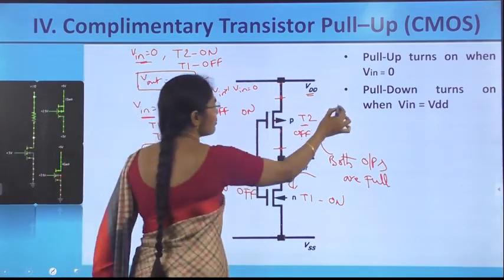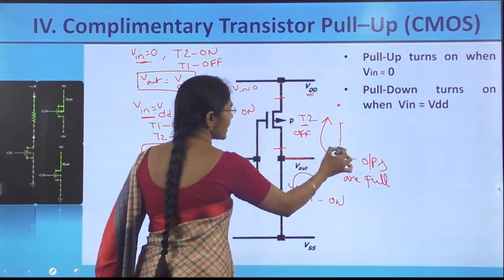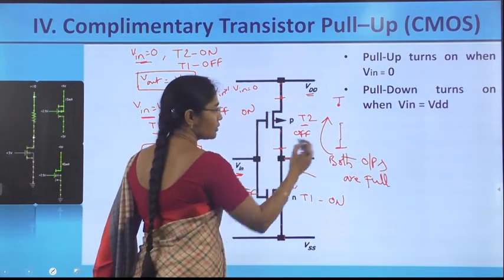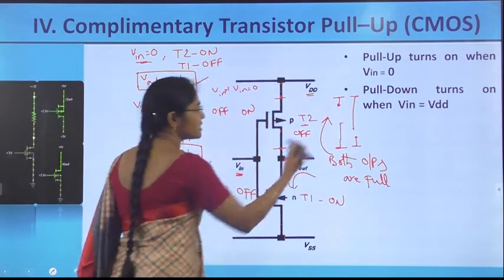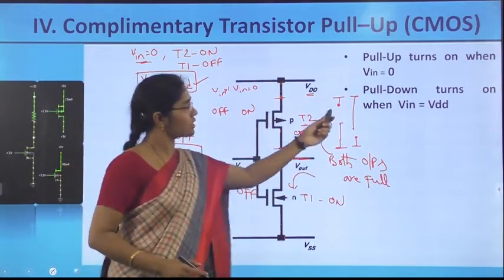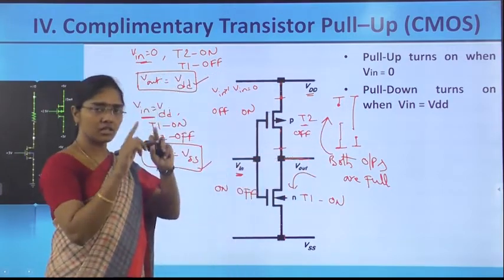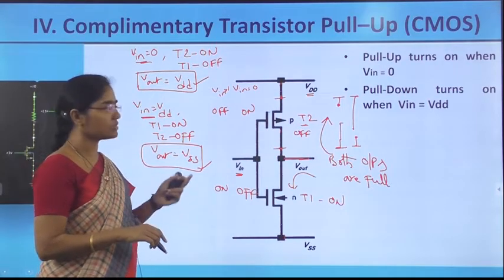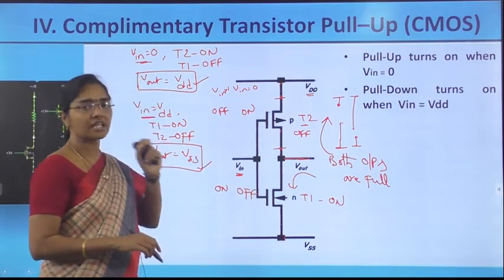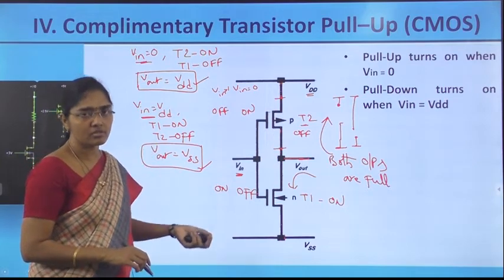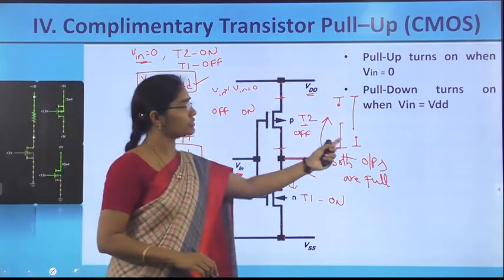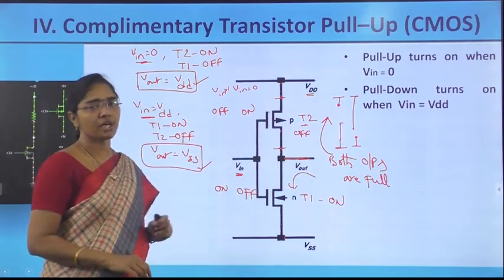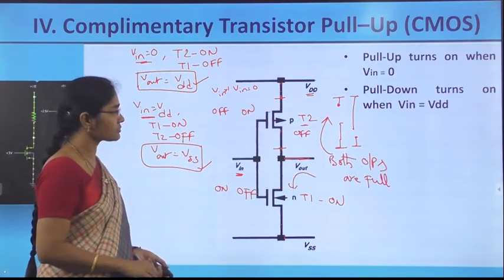In both cases, there is an open connection. Therefore, there is no static power. That problem is also eliminated. Power dissipation is less in this because there is no direct path connection.